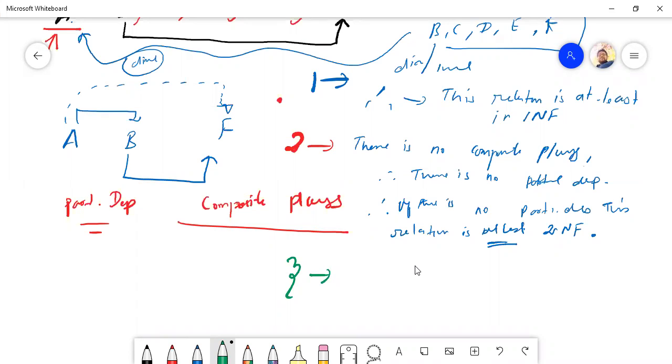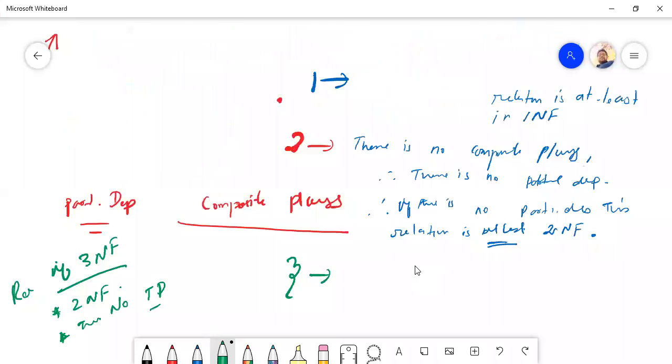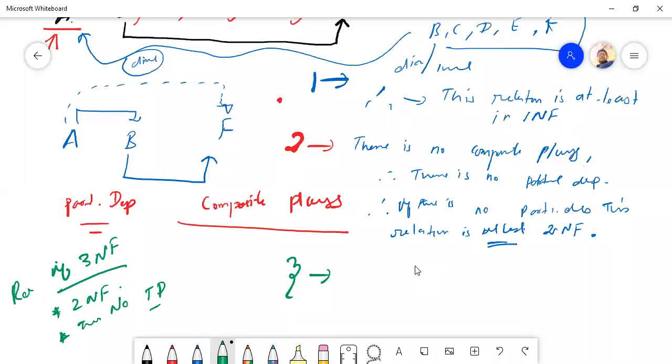If you say a relation is in third normal form, first of all it must be in second normal form, because from the second NF only the third NF comes. So the second point is there is no transitive dependency, because from the second to third we are removing the transitive dependency. So these 2 points must be checked, important, right?